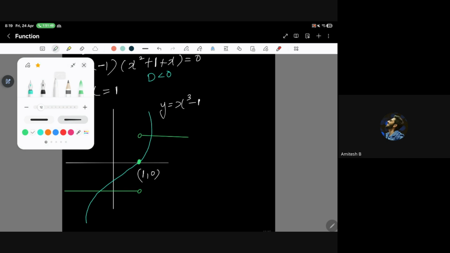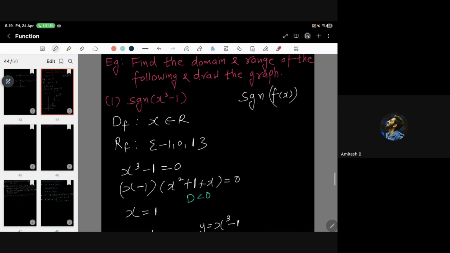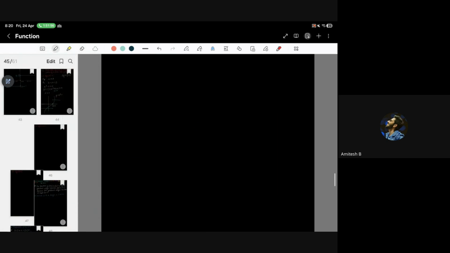So if I separate the graph, this is our point 1 comma 0.